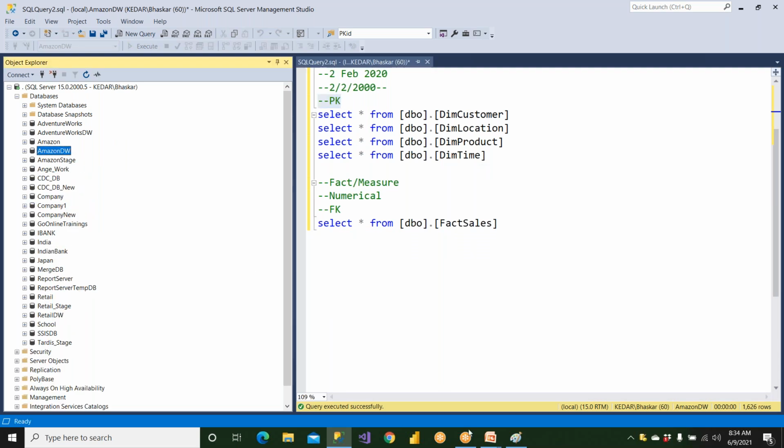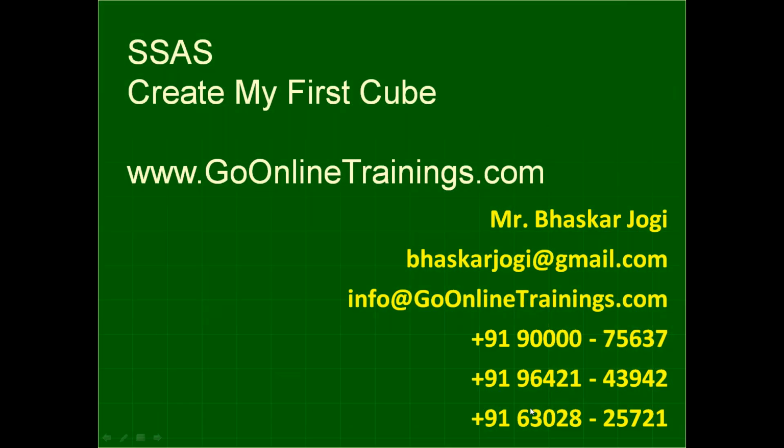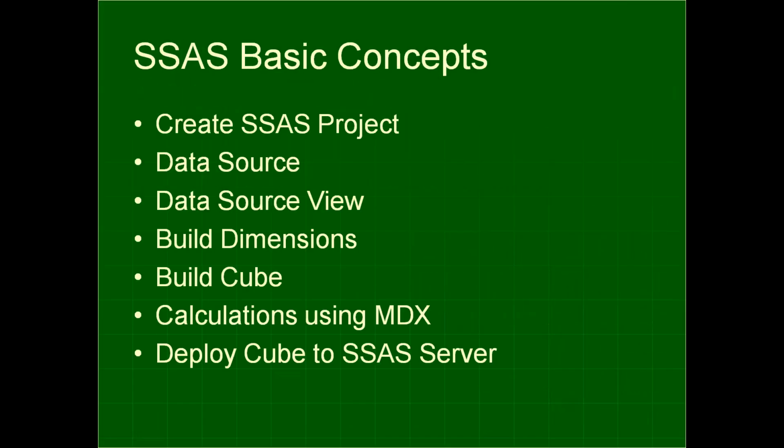Okay. So a data warehouse will have a large amount of data. Now we're going to be creating a cube. I would like to create my first cube. So what are the things we're going to learn? Create an SSAS project. Step number 1, create a data source, create a data source view, build dimensions, build cube calculations using MDX, deploy the cube to the SSAS server.